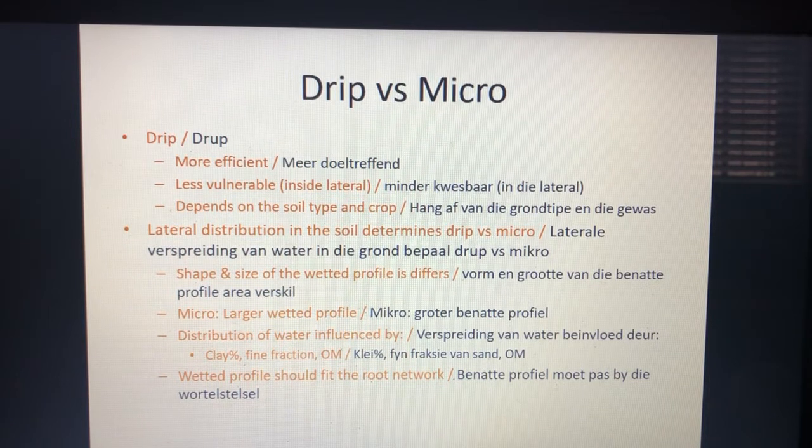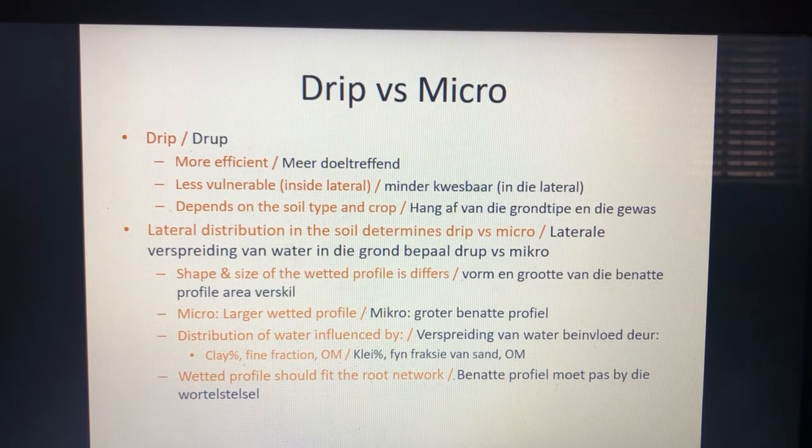So the lateral distribution in the soil determines drip versus micro. That depends on the kind of crop you have. Would you require something that moves deeper down, or would you require more lateral movement?